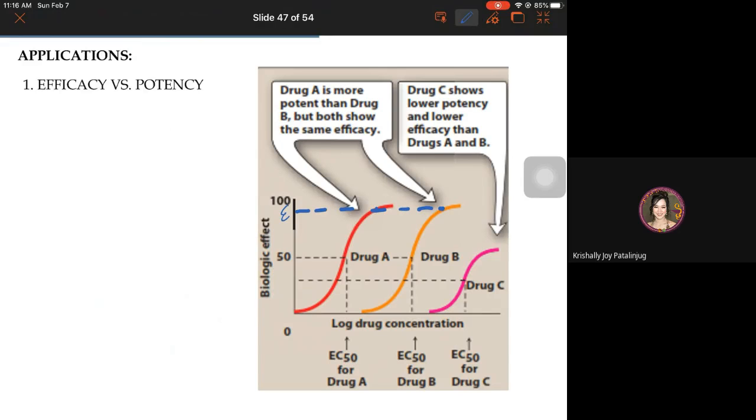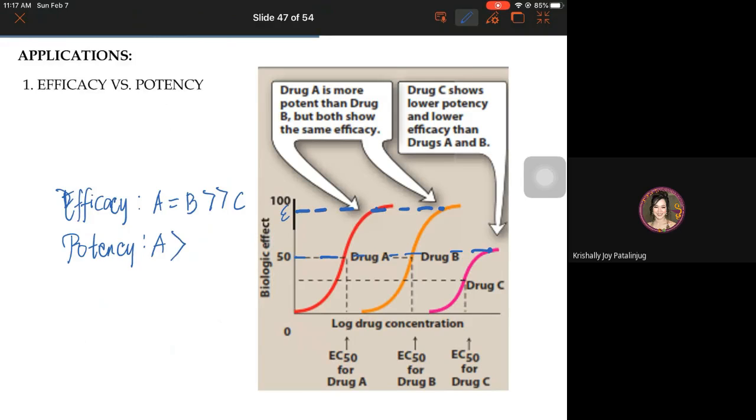Therefore, we could say that for efficacy, drug A and B have the same efficacy, whereas drug C will have the least or lower efficacy among the three. Now, when it comes to potency, the most potent of the three again would be drug A, but this time it is more potent than drug B, although they have the same efficacy.